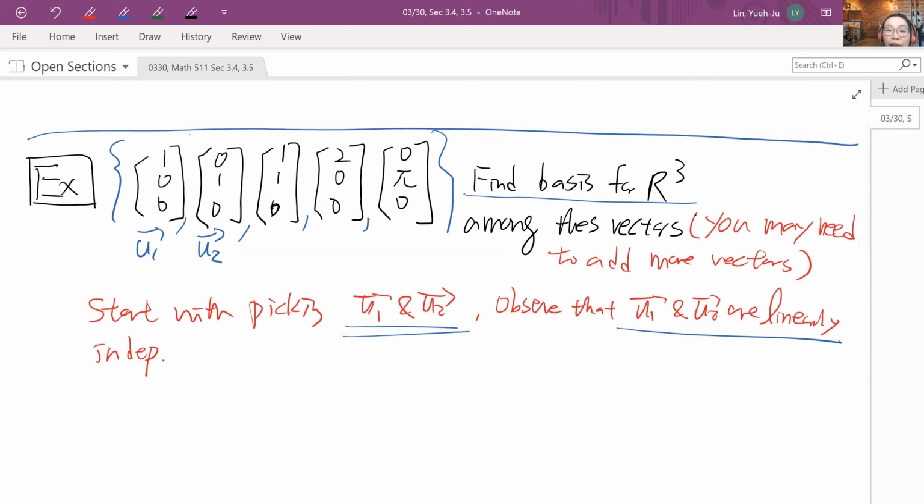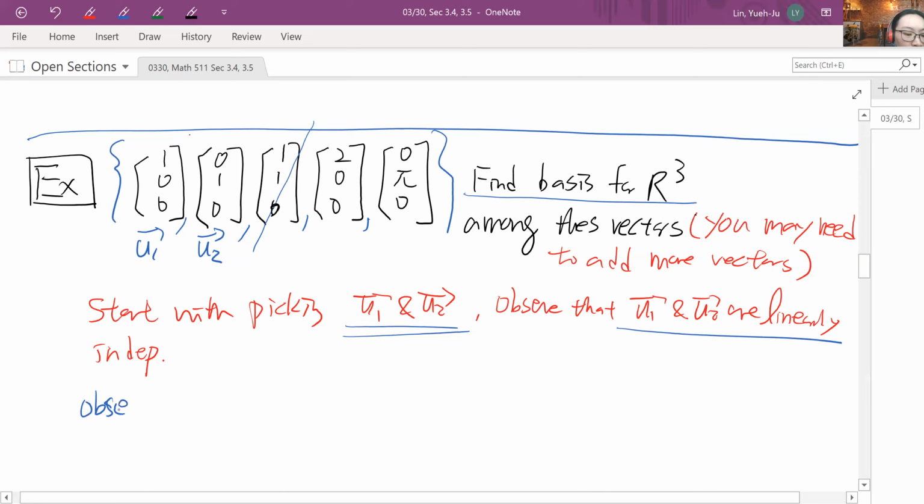And the third vector, you already see that it's 1, 1, 0, which is actually just U1 plus U2. So you already know U3 is the bad one. So we observe something very obvious: U3 is actually U1 plus U2, right? So you don't want this.